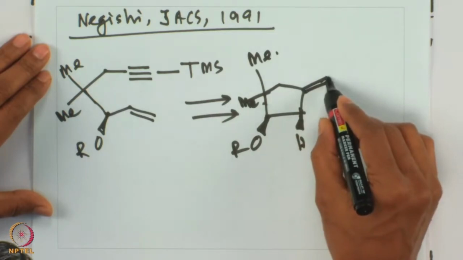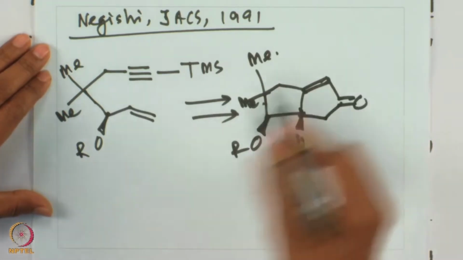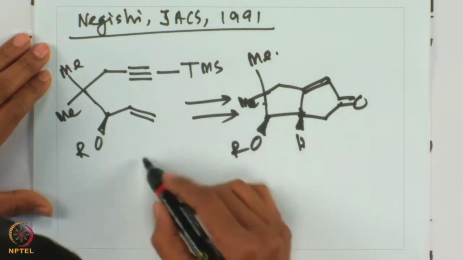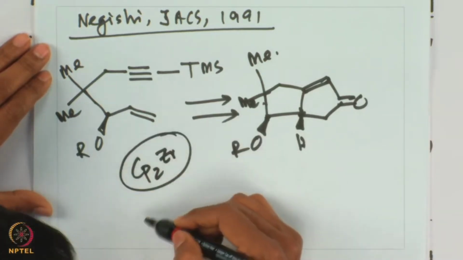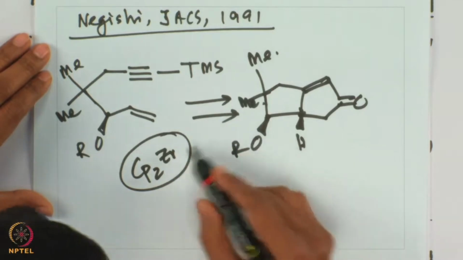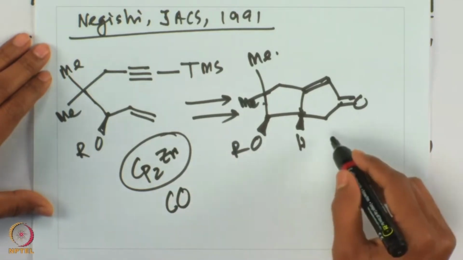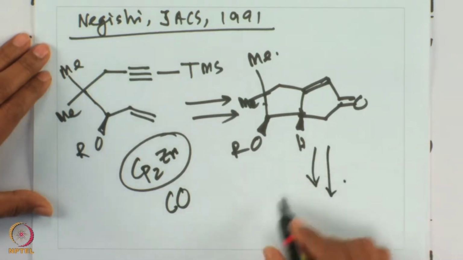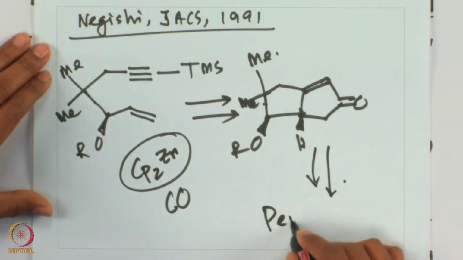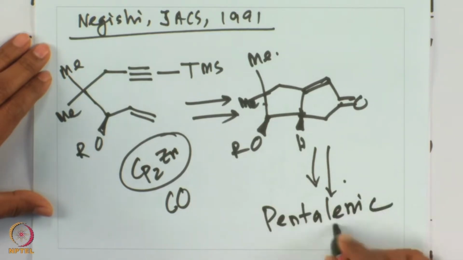Overall, we have a double bond and CO generated from this process. So of course, we are using the Cp2 zirconium intermediate from Cp2 zirconium dichloride along with n-butyllithium. Along with this, we are utilizing carbon monoxide to give rise to this intermediate, which can then be further converted to pentalenic acid by further transformations.